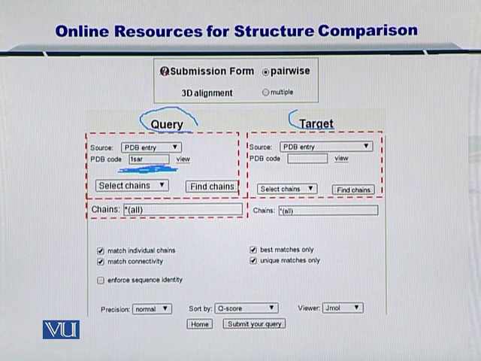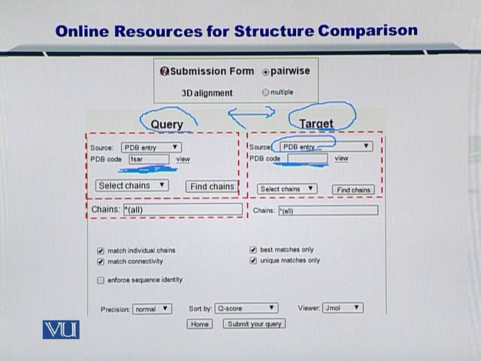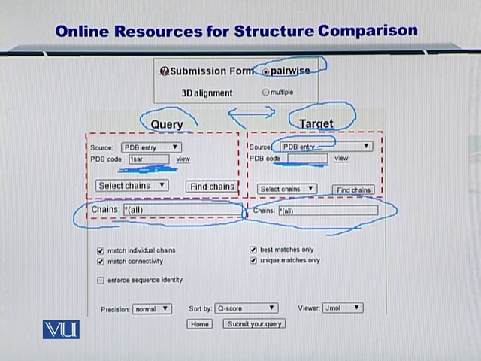Also, for the target, you can specify the target's PDB entry here, and the software will compare the structures of these two proteins using pairwise comparisons. Moreover, you can look at the chains that are there in these two proteins, and you can select which ones you want to compare. In the end, you can sort by their scores and you can submit your query.